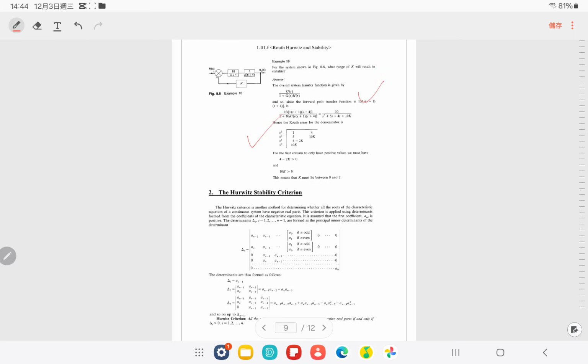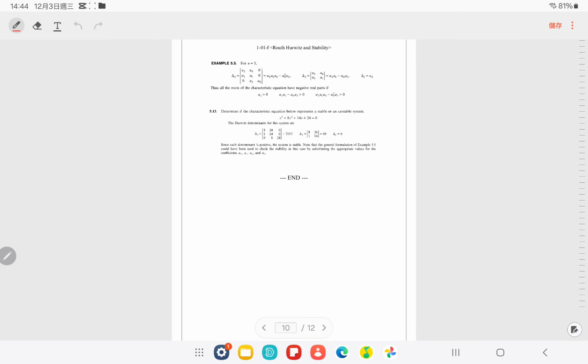Go through the examples. This one no need, because we have not covered it in the lecture. So if there is any question on the Routh-Hurwitz, you will know what is expected on this question.